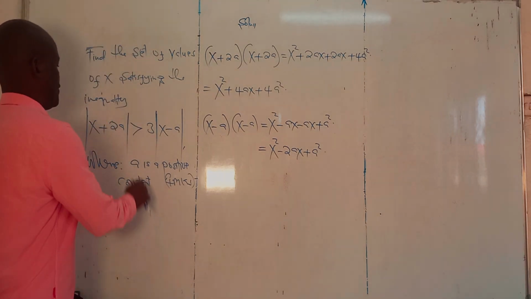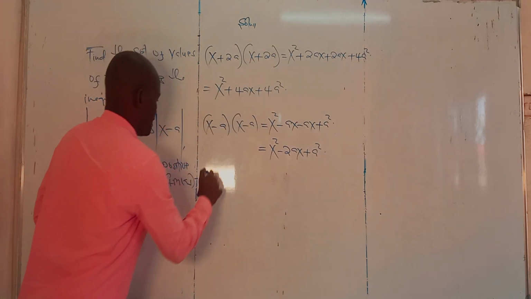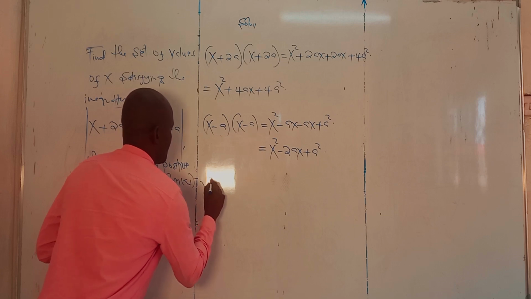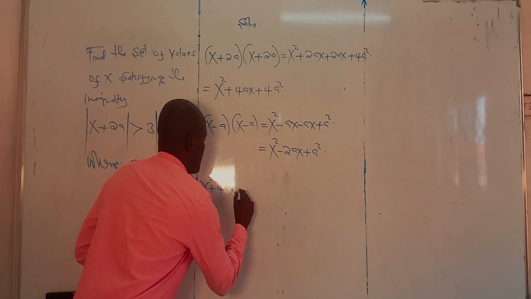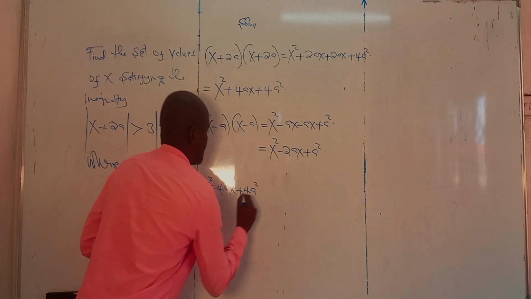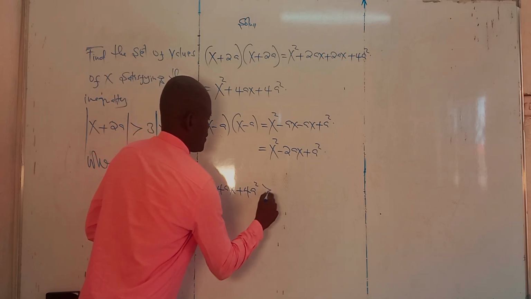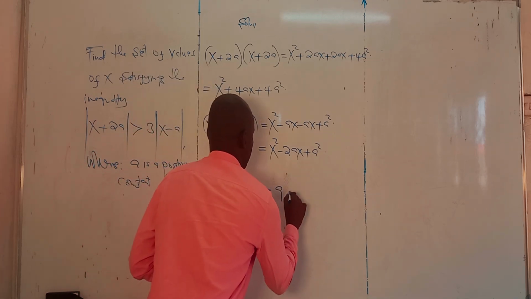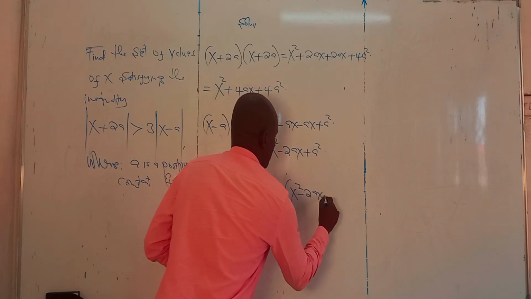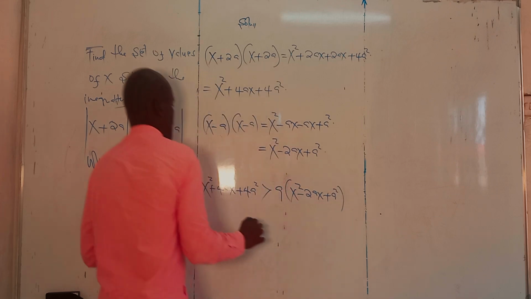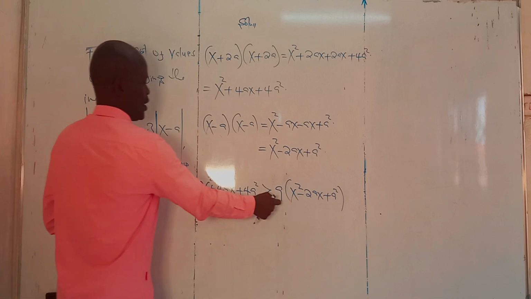I can then rewrite this by saying x squared plus 4ax plus 4a squared is greater than 9 into x squared minus 2ax plus a squared. Now this 9 is the square of 3. If I square this 3, I get 9.